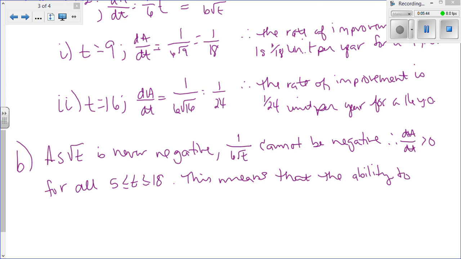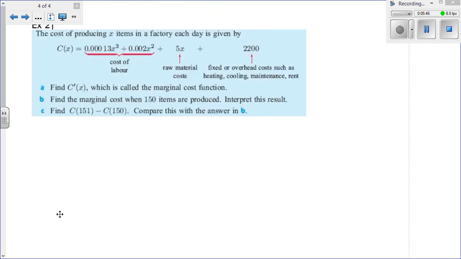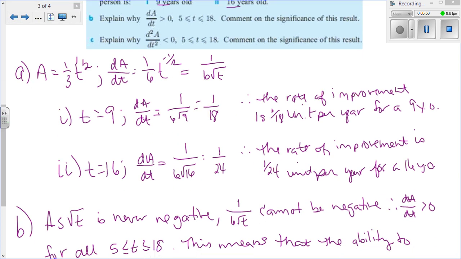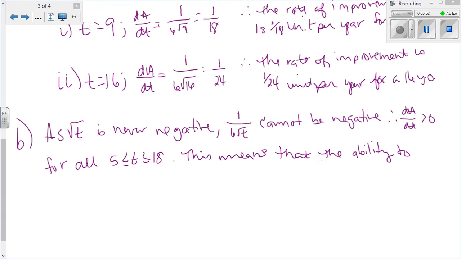So this means that the ability to understand spatial concepts increases with age.